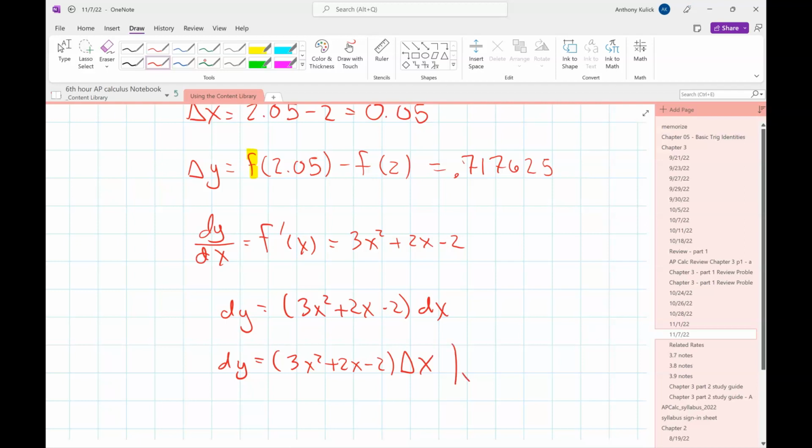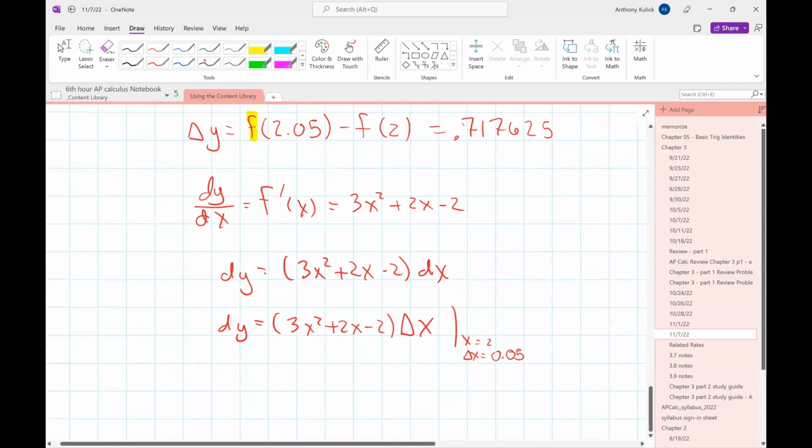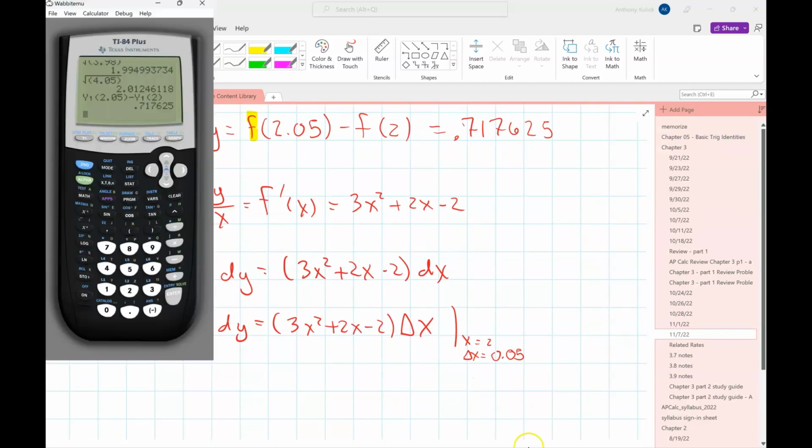And then we'll just evaluate this where x is 2 and delta x is 0.05. What's the easiest way to do that in your calculator? Math, nDeriv, with respect to x, use the equation that I already wrote in y1.